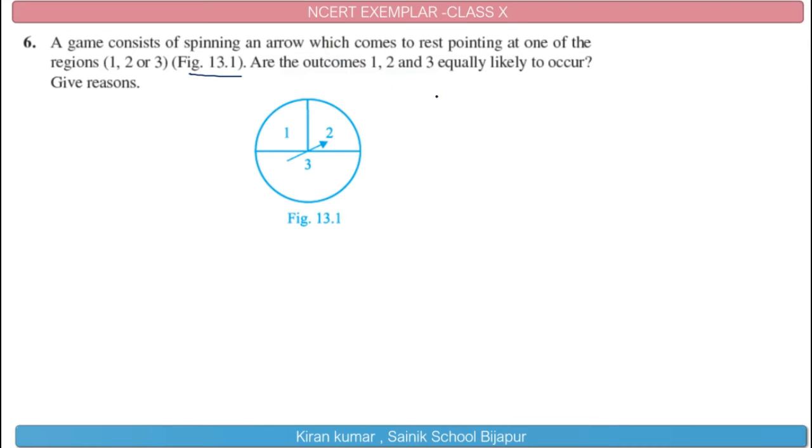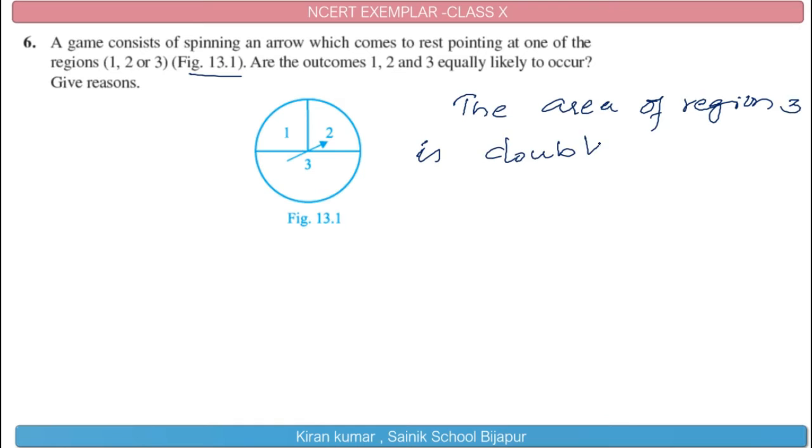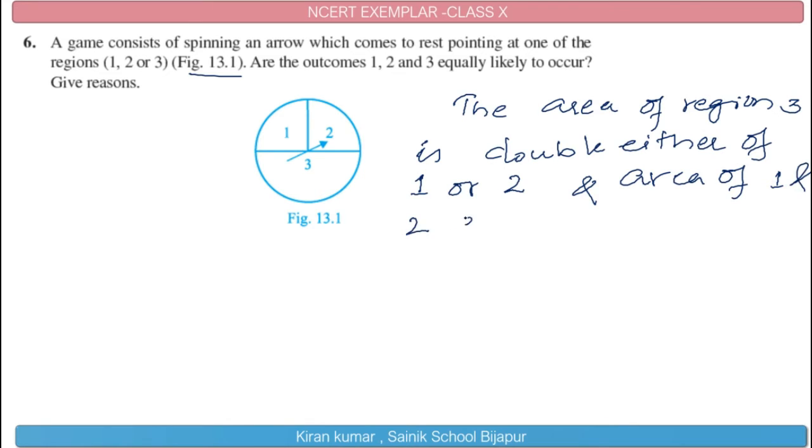Here you must observe that the area of region 3 is double either of area 1 or 2, and the areas of 1 and 2 are equal.